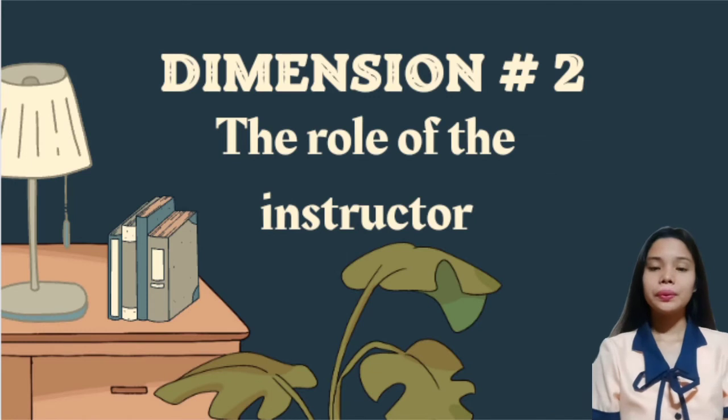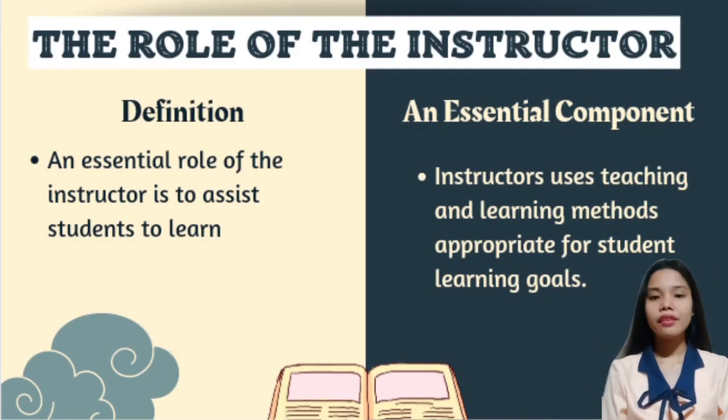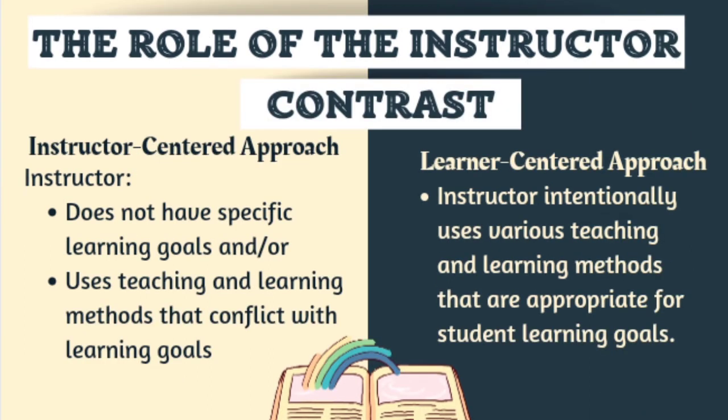Topic number 2, the role of the instructor. The definition of this dimension is that an essential role of the instructor is to assist students to learn. An essential component of this dimension is that instructors use teaching and learning methods appropriate for students' learning goals.